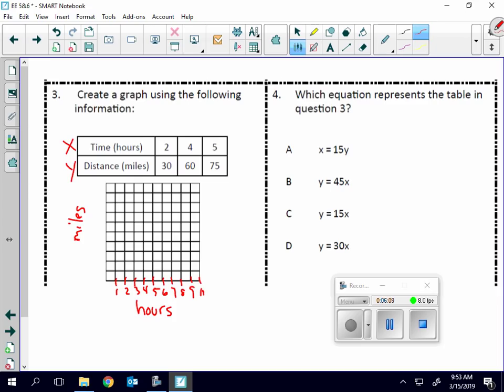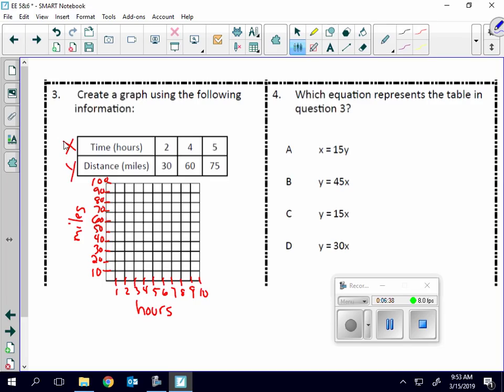Okay. So label that axis, label the other axis. We can't really go up by ones on the other side though, because we got to get up to at least 75. I think I went by tens when I did it before. Let's see. 10, 20, 30, 40, 50, 60, 70. That'll get me to 75 at least, right? Okay, so we're going to graph these points.